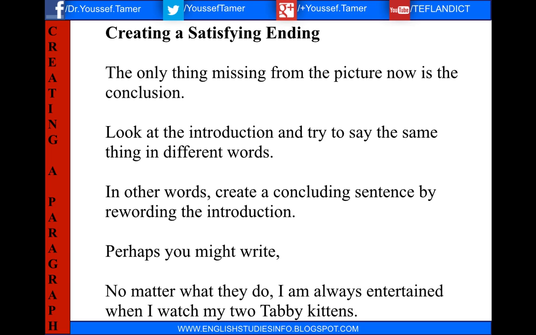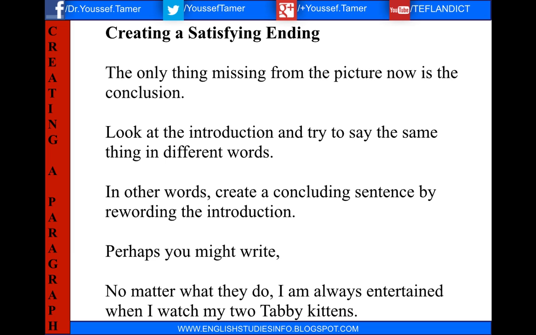Now, as I said when I was talking about developing the structure of the paragraph concerning the concluding sentence, what do you do there? You restate the main idea mentioned in the topic sentence. You paraphrase that. You say that in other words. So for instance, we have my tabby kittens are fun to watch.